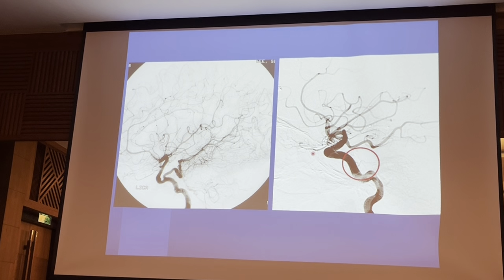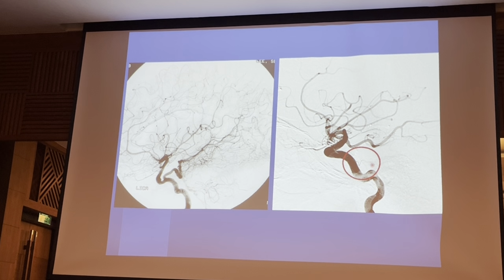Some trigeminal arteries may be just rudimentary. This is a larger trigeminal artery, and this is a tiny remaining trigeminal. It may supply just a dural portion, and it may remain as a lateral clival artery.